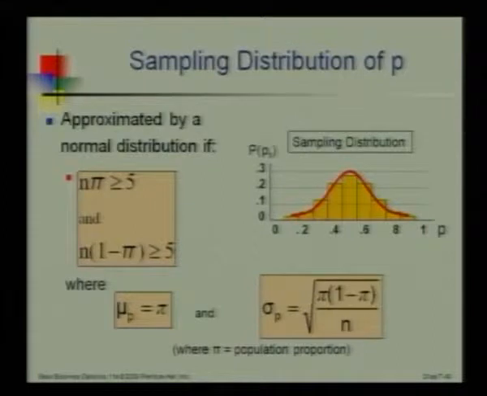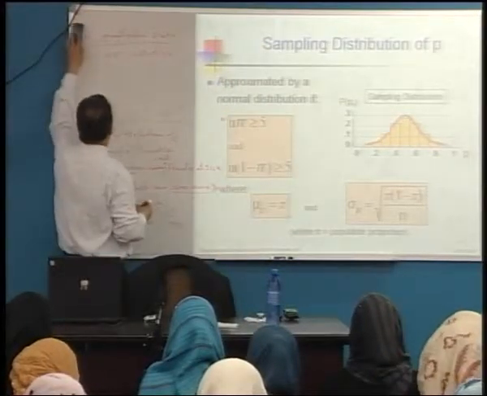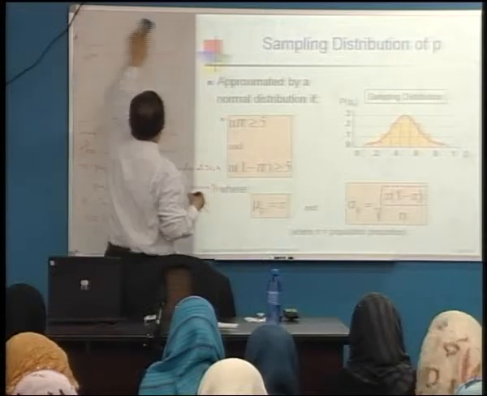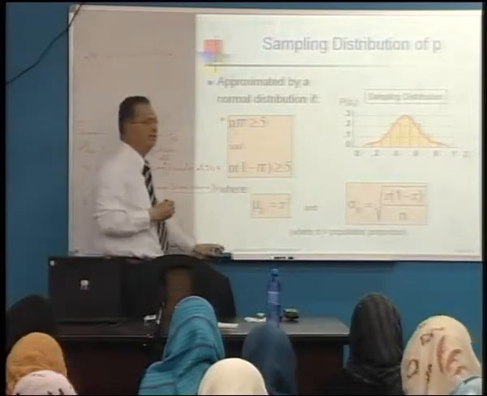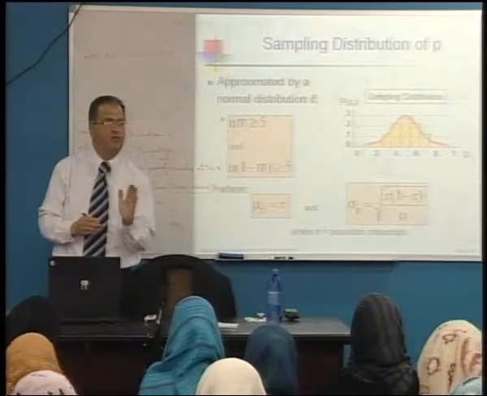So there are two conditions that should be satisfied in order to use the normal distribution. Again, the first one, n times pi is at least 5, and n times 1 minus pi is also at least 5. If these two conditions are satisfied, then you can say that B, the sample proportion, is approximately normally distributed.